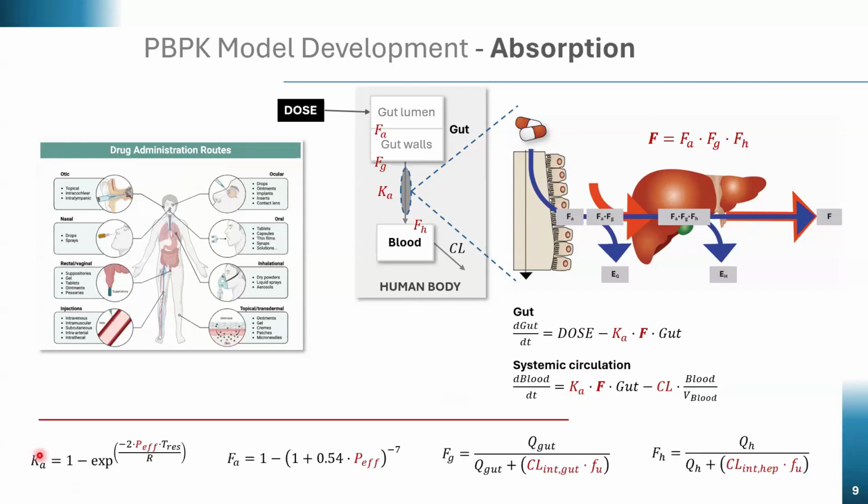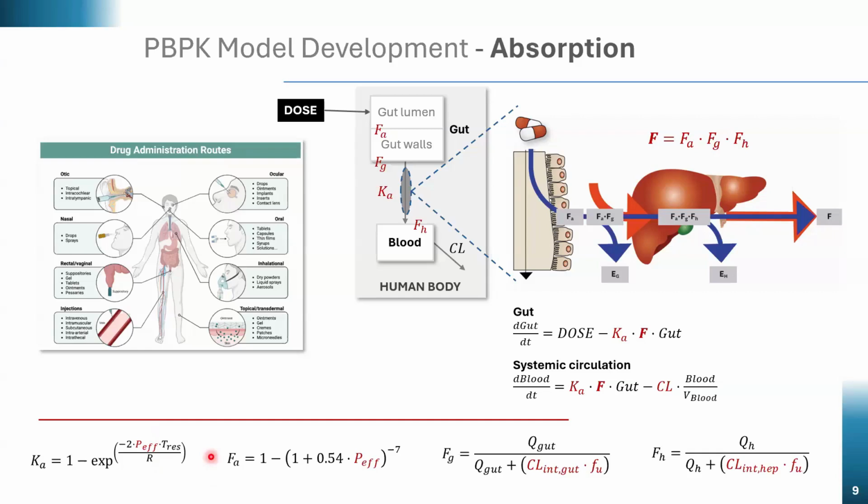As you can see here, if you don't know the absorption rate constant of a drug, you can predict it. How do you predict it? You can use the intestinal radius, the transit time, as well as the effective permeability of the drug. Effective permeability can be obtained through experiments, but even if you don't have that value, or it has not been reported before, there are also equations to predict effective permeability.